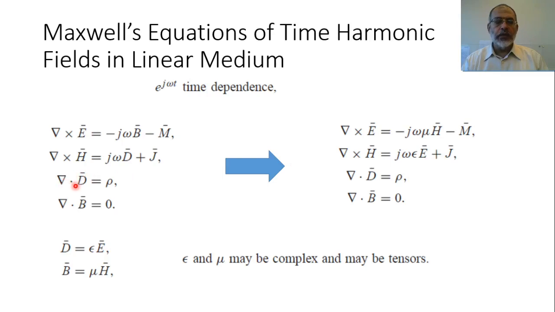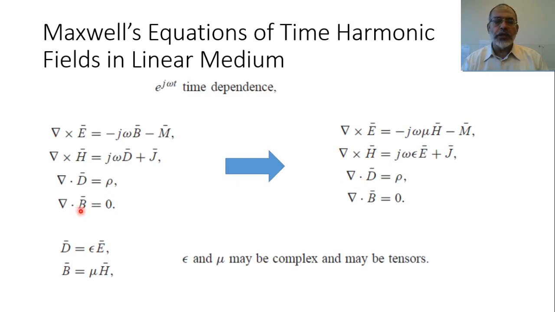and divergence D would be rho, or it can be represented as the divergence of epsilon E equals rho. And in a special case, if epsilon is independent of space or constant in space, we can say the divergence of the electric field would equal rho over epsilon.